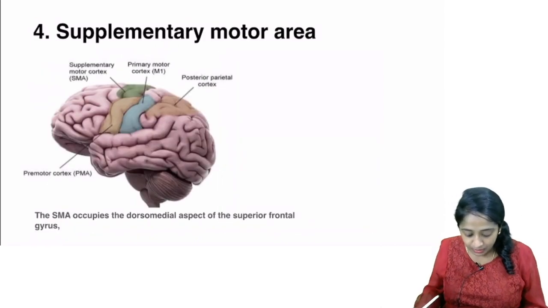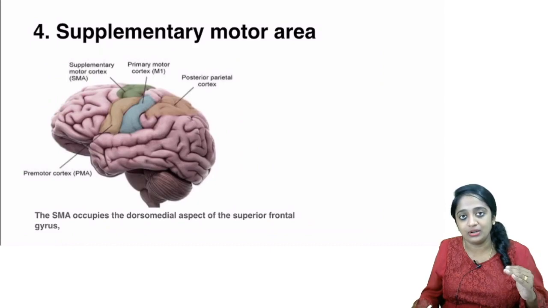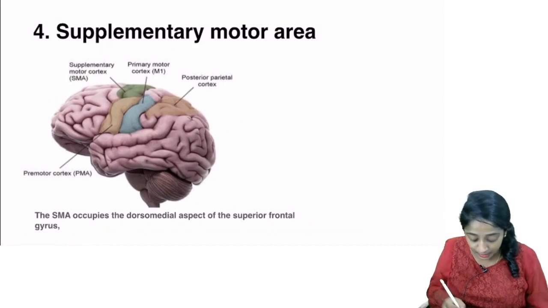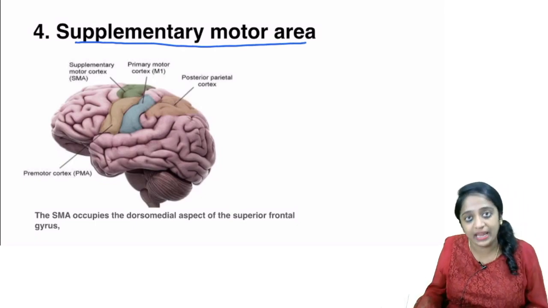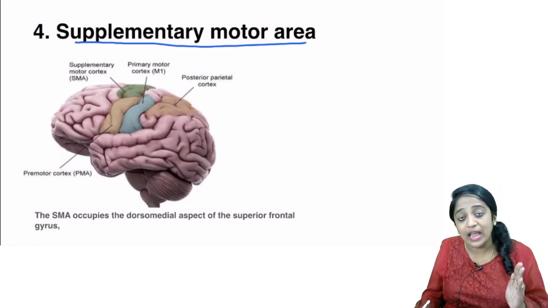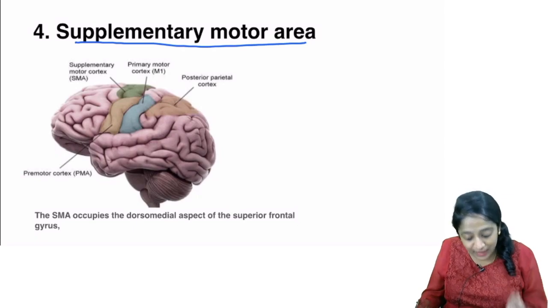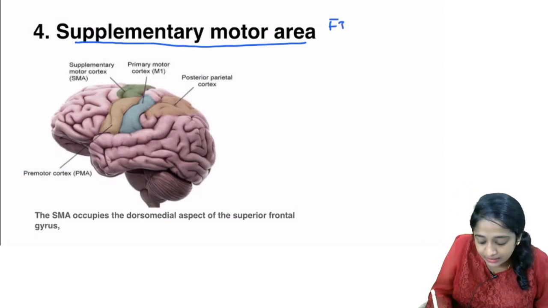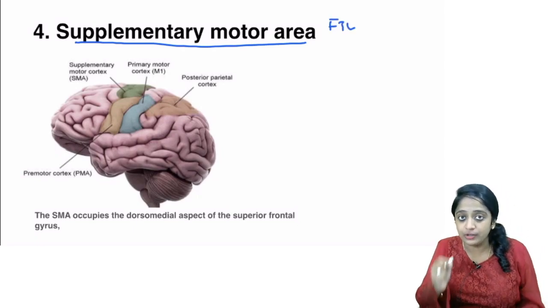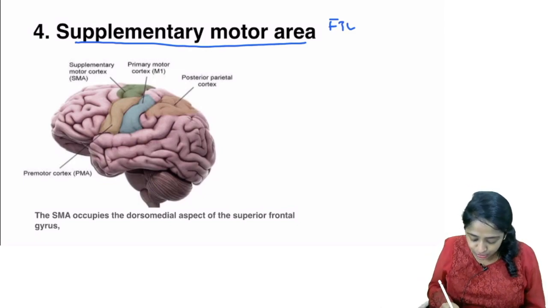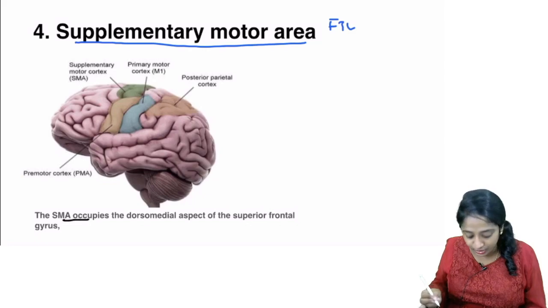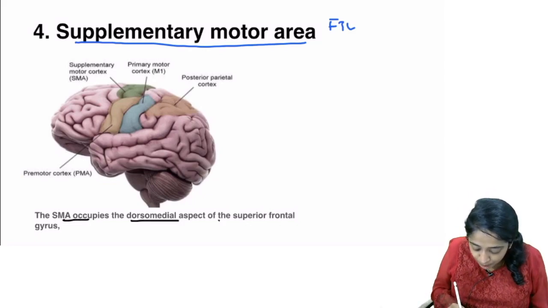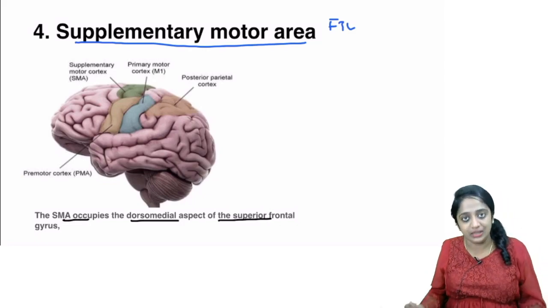Just like the premotor cortex, assistance is also provided by another important area called the supplementary motor area. First we have to localize that area. Where is it located? Again, it is located in the frontal lobe, but we should know the specific site. We have to remember that the SMA, supplementary motor area, occupies the dorsomedial aspect of the superior frontal gyrus.